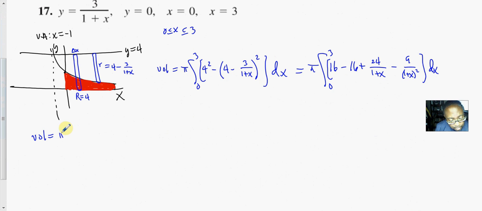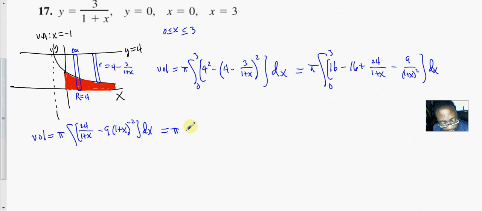So the volume is pi times the 16s cancel out. This is 24 over 1 plus x. I'm going to set this guy up for integration. So minus 9 times 1 plus x to the negative 2 dx. So the first one is just the natural log.